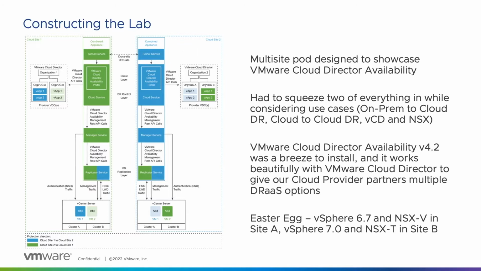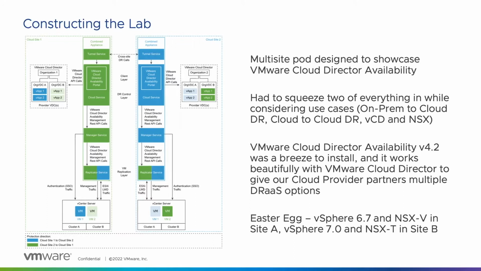In site A, I did a little trickery in the lab so we can show multiple use cases. We'll get into that, but just so you understand the basic concepts of what's going on. As far as building the environment out, as I mentioned, we're limited on space, but I had to try and squeeze two sites in there.